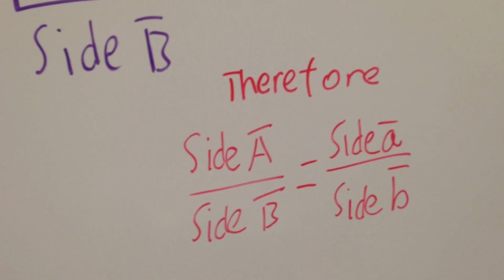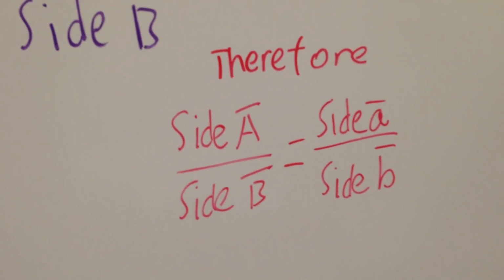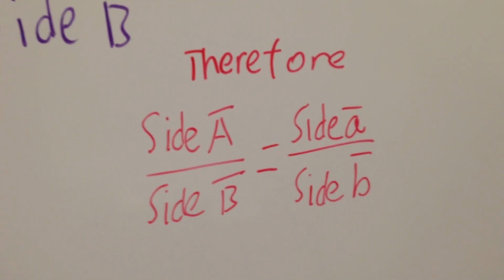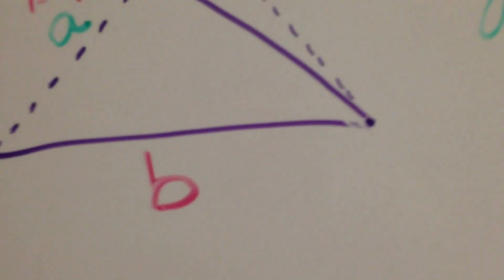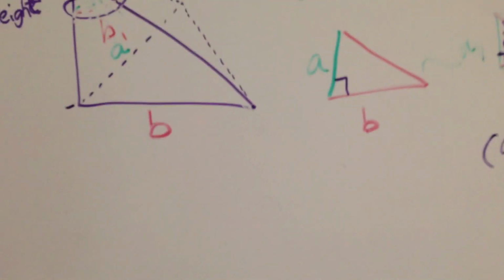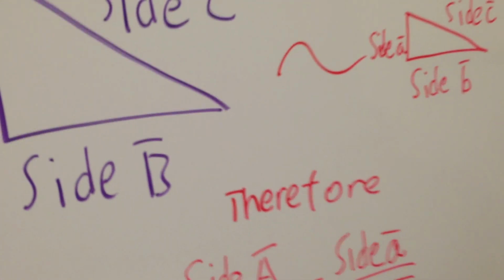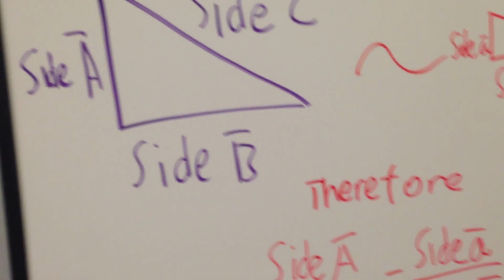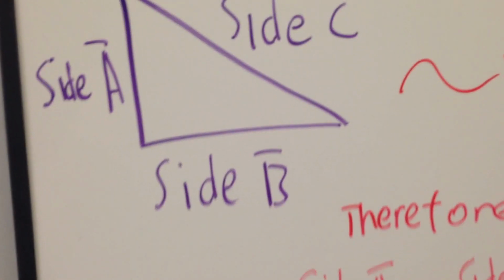Okay, good enough. Let's see. So side AB is side little a little b. And how do we find it? Good question. How do we find it? Now we use the H. So for instance, let me get the other color pen. You guys can have the view of this same triangle. So I have a different color pen now.